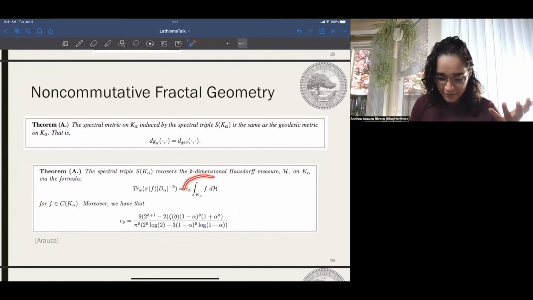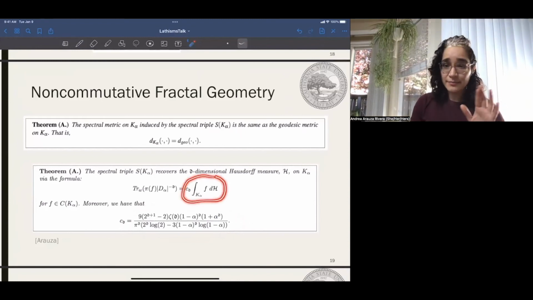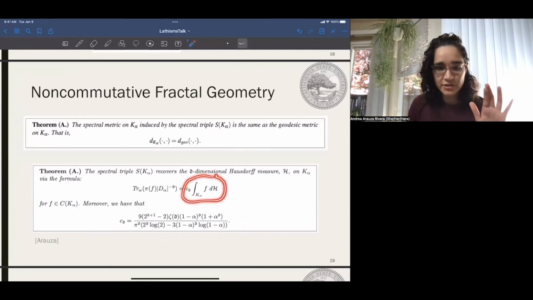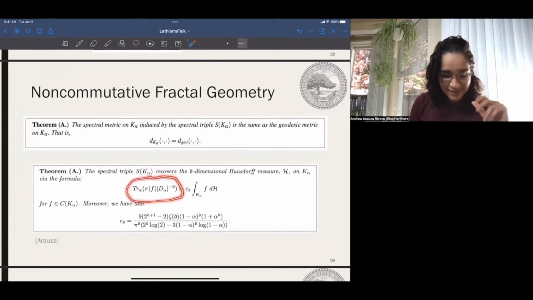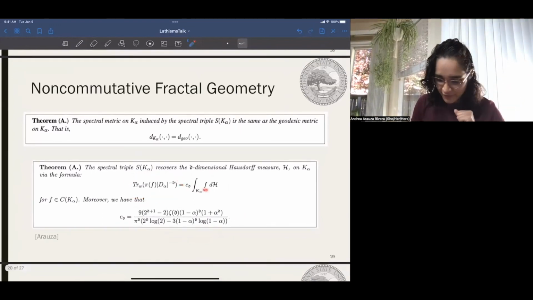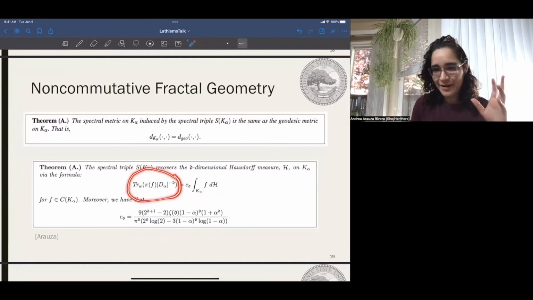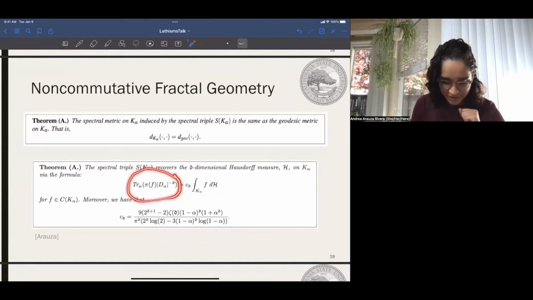So the main idea here is that on the right-hand side, I've got something defined entirely in terms of just the fractal set. But on the left-hand side, this is entirely about the spectral triple, right? So this is all operator algebraic tools. What this shows is that integrating a function with respect to the Hausdorff measure is the same as taking that function and running it through whatever this tool happens to be doing.